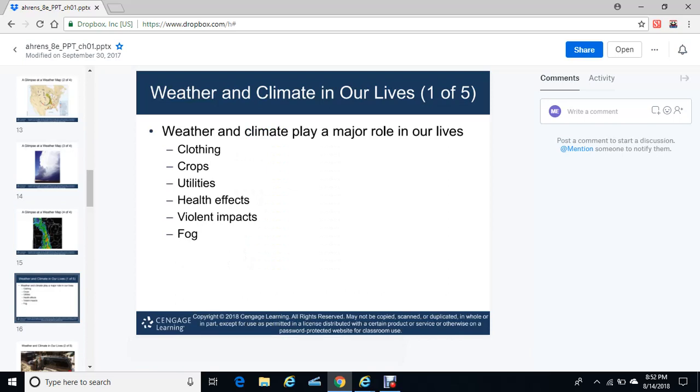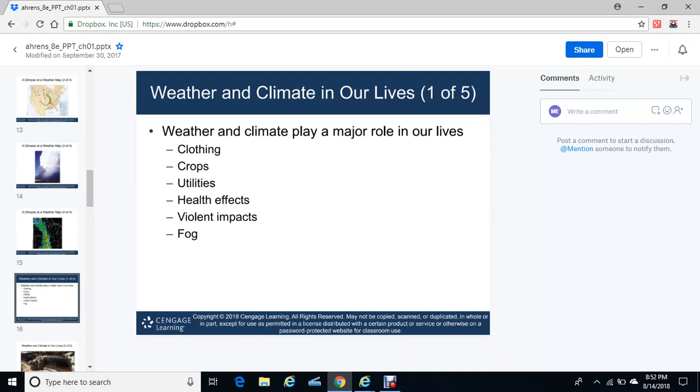So now, how does weather and climate impact our lives? Obviously it plays a huge role in our plans and our daily activities, from what we wear each morning, right? We usually want to know what the temperatures are, or if it's going to rain that day, or if you live in a colder location, if it's going to snow, that could impact business hours if it's a big snowstorm, or you really want to know because you might be traveling on the roads.